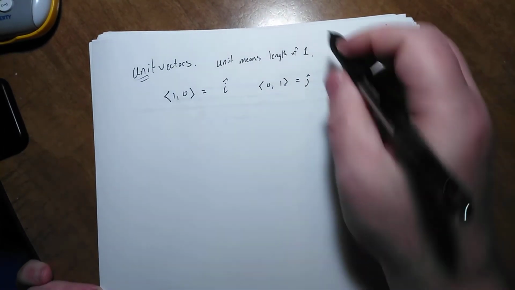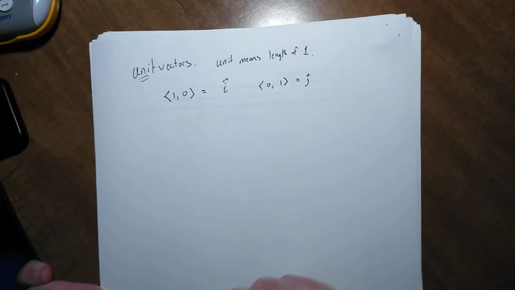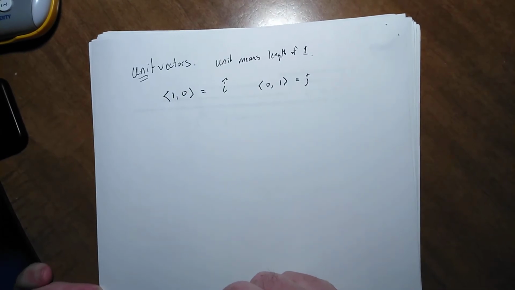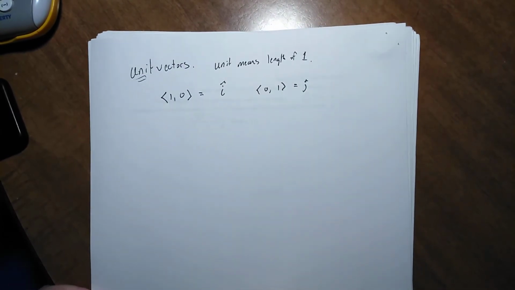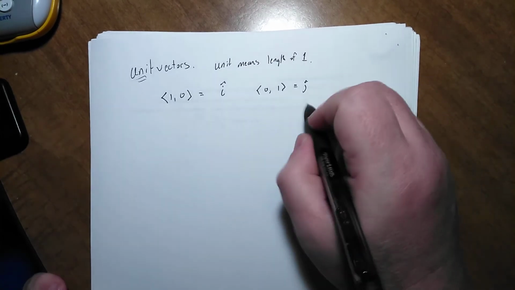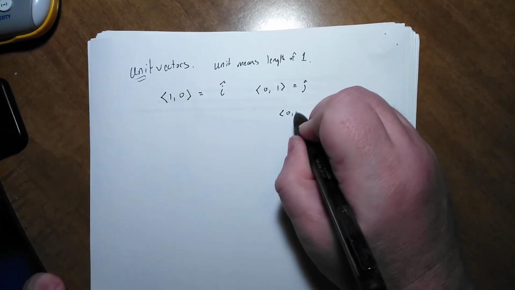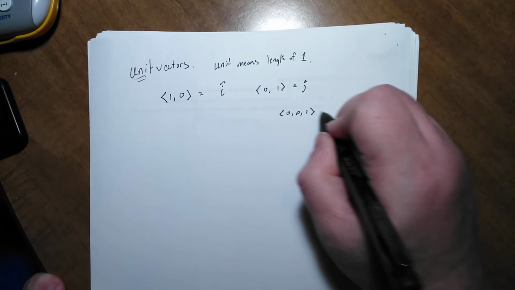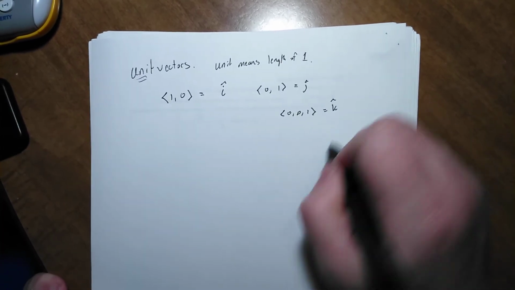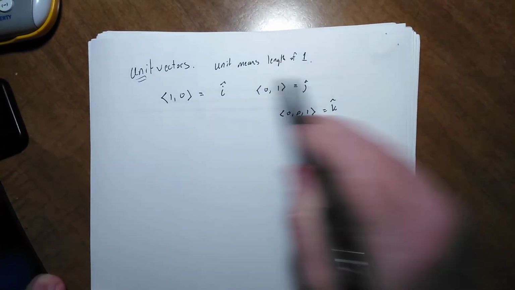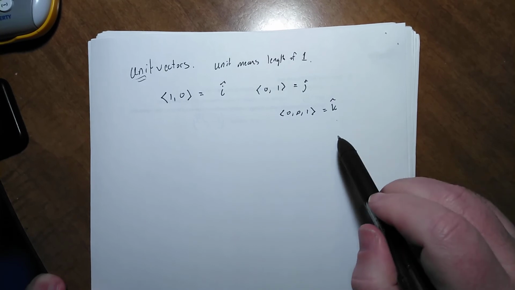I usually don't dot my i's or j's. I just let the hat serve as the dot. If you were going to 3-dimensional vectors, you would have 0, 0, 1. That would be k hat. We don't really deal with other hats after that. We use a different notation.